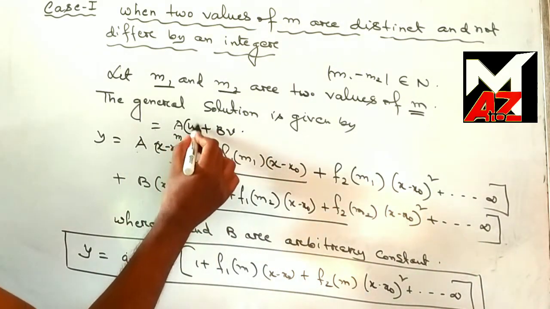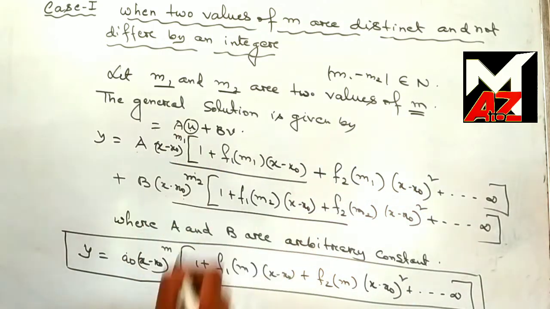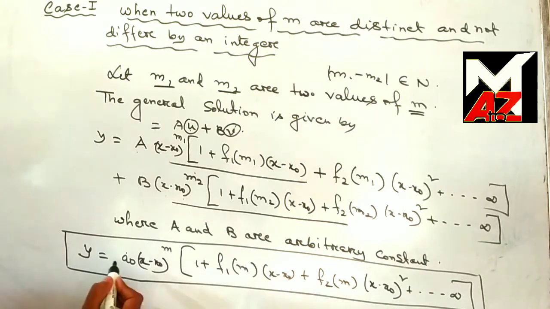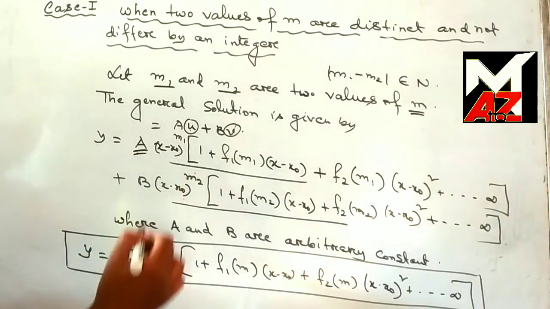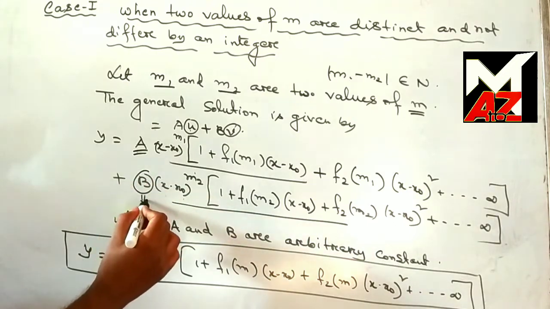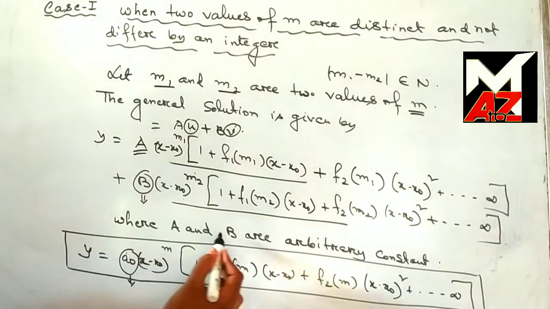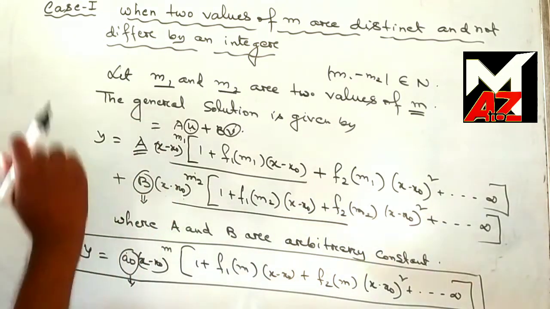Here we get u by putting m equal to m1, and we get v by putting m equal to m2, and we change the arbitrary constant a0: one time it is a and the second time it is b, where a and b are arbitrary constants. This is the first case.